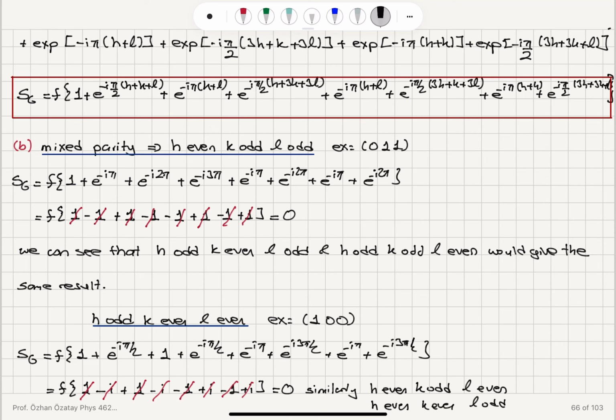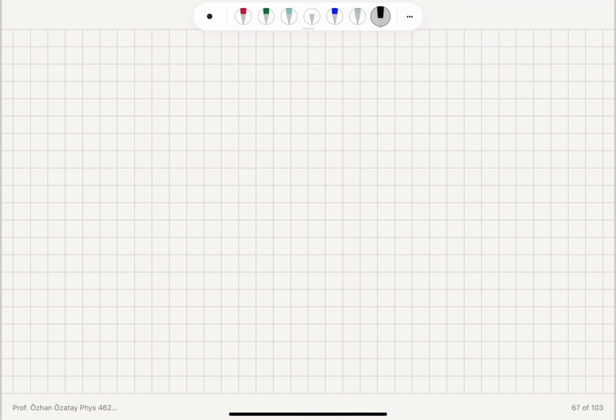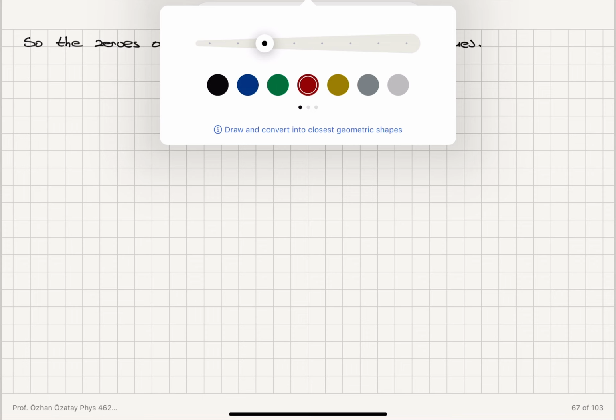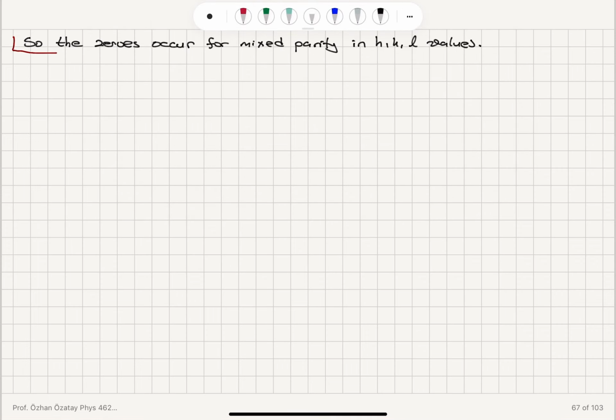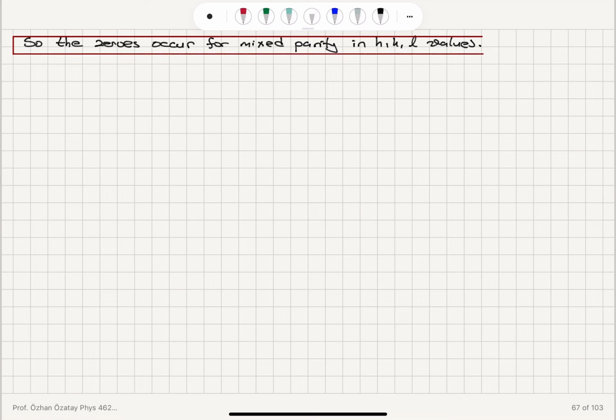Okay, so we can see that the zeros occur for mixed parity in HKL values. So we were asked to find the locations of the zeros, and that's where the zeros are. Mixed parity in HKL values, that's when we obtain the zeros.